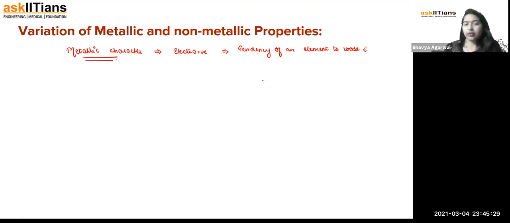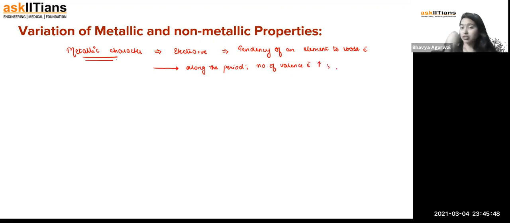Now, what is happening as you move along the period? Along the period, the number of valence electrons increases. Now, if the number of valence electrons is increasing, then what? It becomes difficult to remove the electrons.